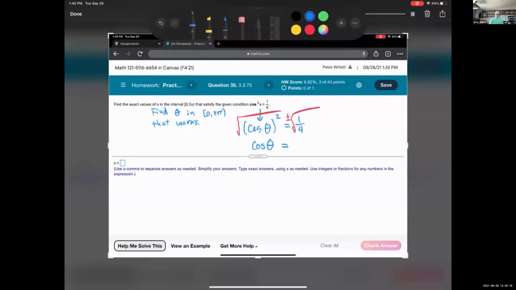And if I take the square root of a fraction, I can square root the top and the bottom separately. So this is plus or minus the square root of 1 is 1, and the square root of 4 is 2. So I have plus or minus 1/2. And the thing to remember is that cosine of theta, so that means that these are the x values of points on a unit circle.